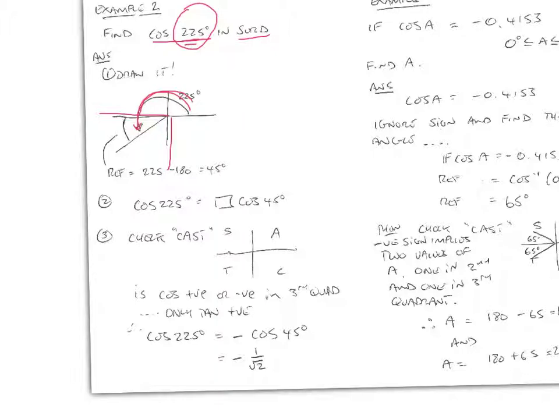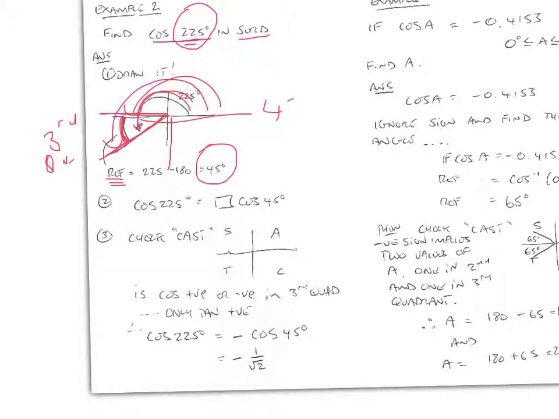That's in the third quadrant. Okay, and that's our terminating side. It's our x-axis. So we need to now note what our reference angle is. And our reference angle really is 225 minus 180. And our reference angle is 45 degrees.